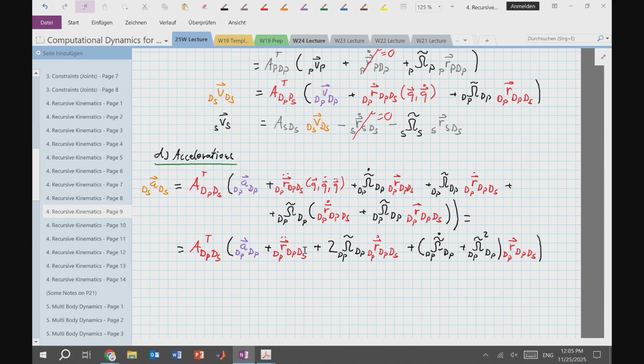right? The second one is a little bit harder to grasp, and we will look at a cleaner example a little bit later, but this is basically a Coriolis acceleration. And the way you can think about it is by saying, well, this guy here is a translational velocity. So I'm somehow moving something along a line, right, within my joint.